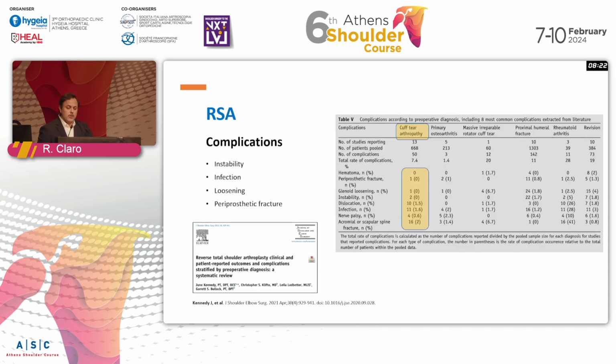But what about complications? We see almost 7.4% in this systematic review, with the latest cases. Complications can be instability, infection, loosening, and also periprosthetic fractures, almost 70% of complications.